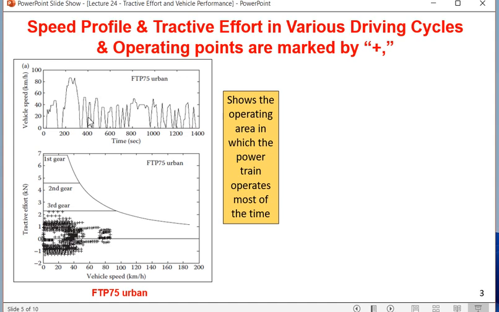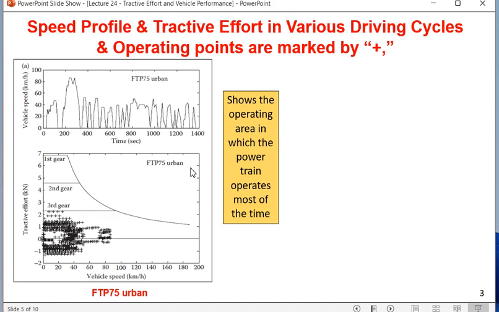So you are finding that there is frequent start-stop. That's why the vehicle most of the time could not speed up very high, so most of the time the vehicle is in first gear or second gear. For a very small amount of time, here the speed has gone almost up to 80 to 90 kilometers per hour, between 180 and around 380 seconds.